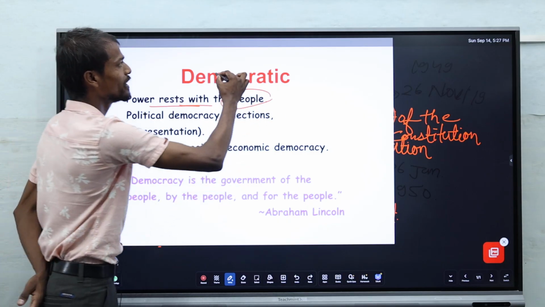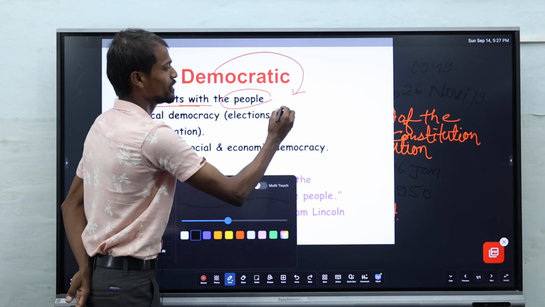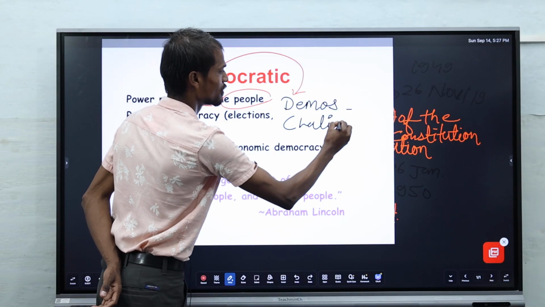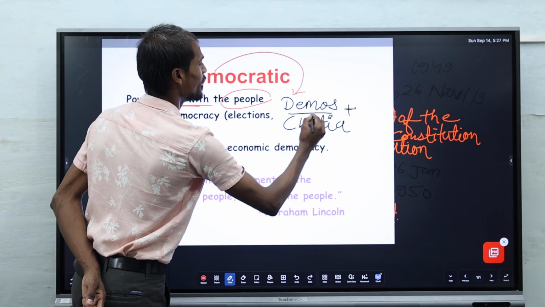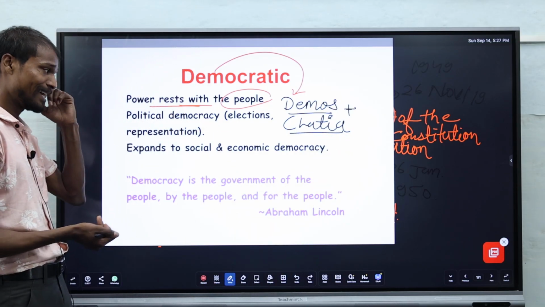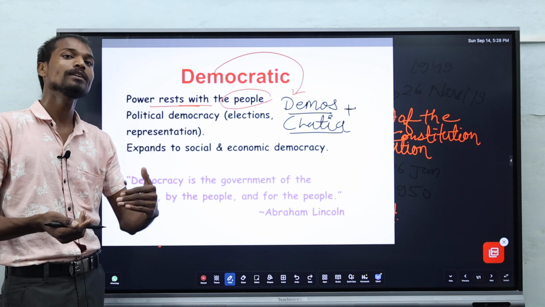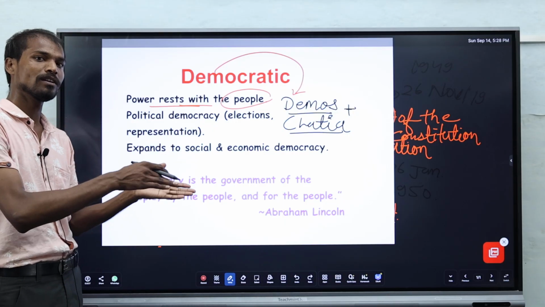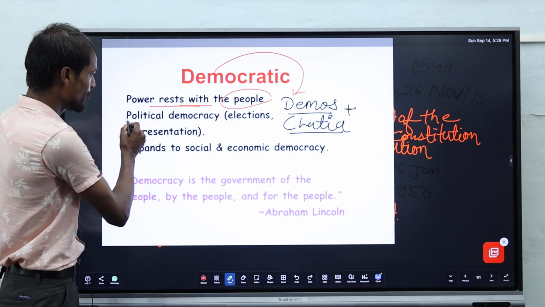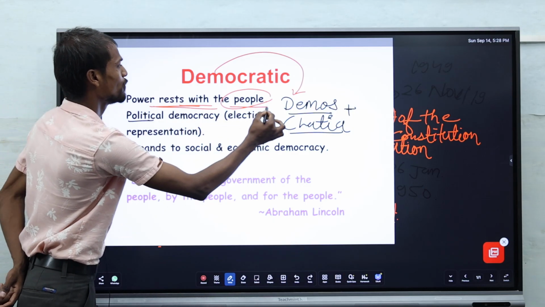Democracy is made of demos plus kratia, a Greek word, meaning the rule of the people. So the democratic concept means power rests with the people of the country, and in India, power rests with the people of India.